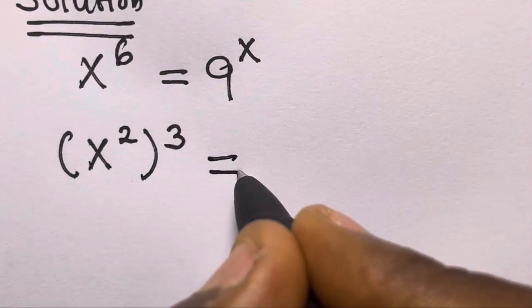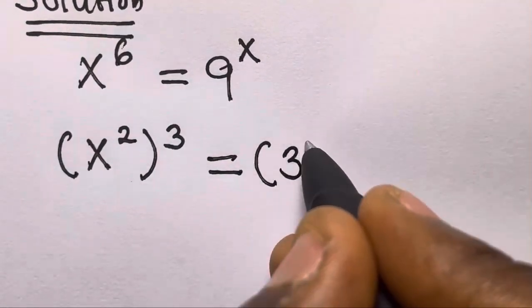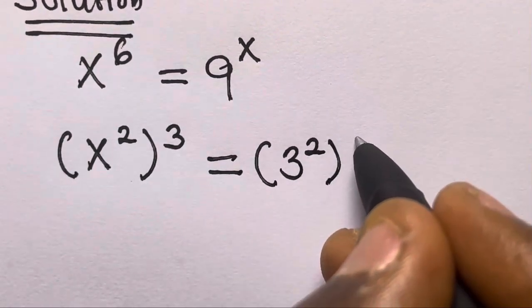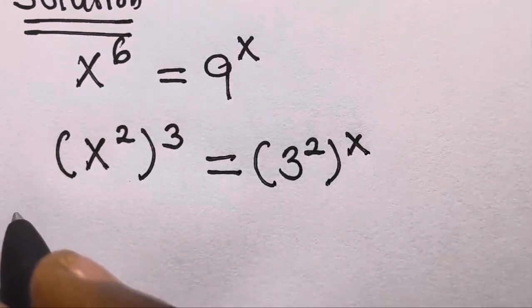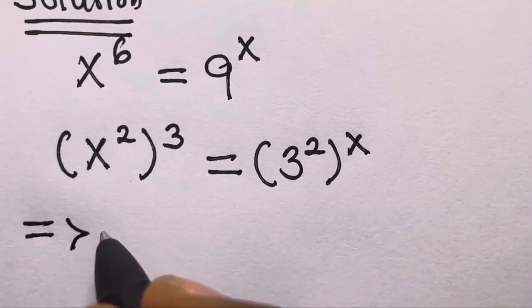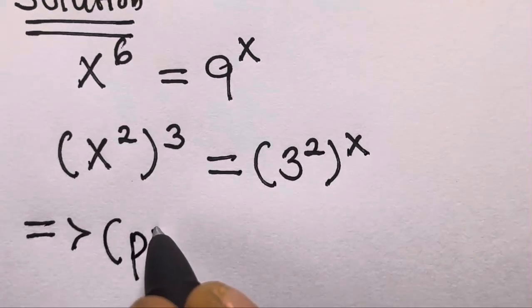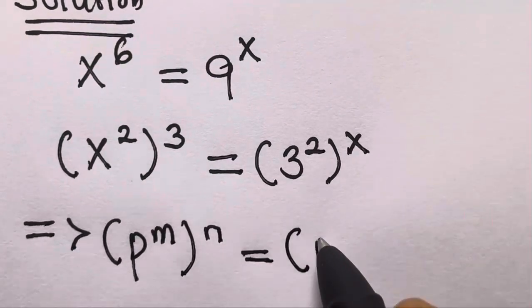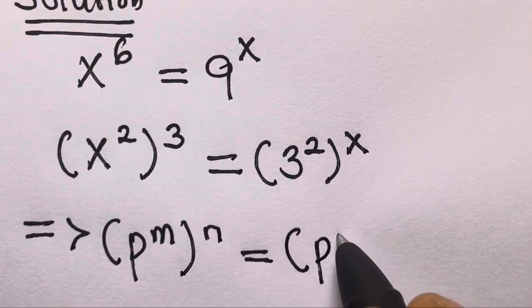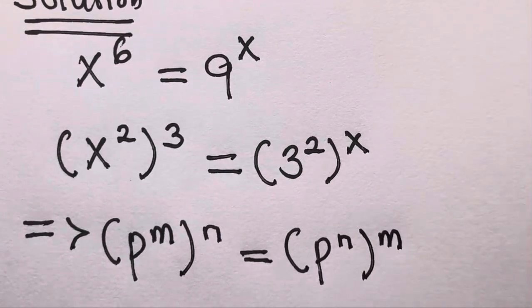So this equals 3 raised to power 2 multiplied by x. Let's recall that if you have p raised to power m raised to power n, this is equal to p raised to power n raised to power m.